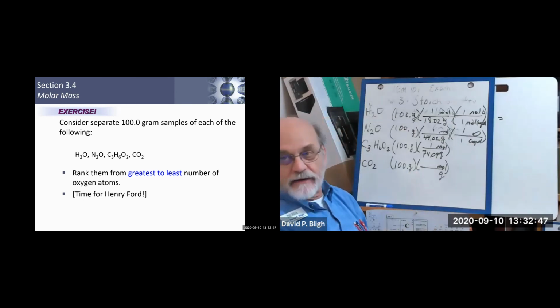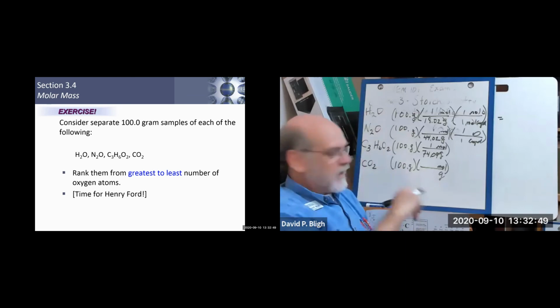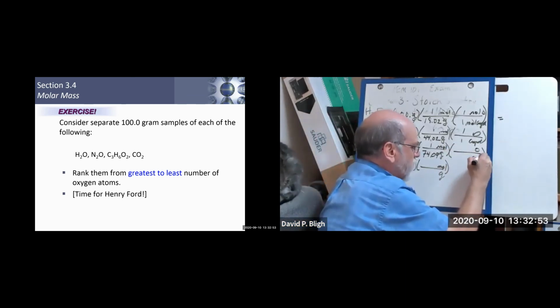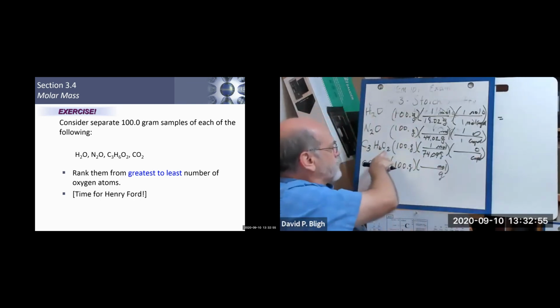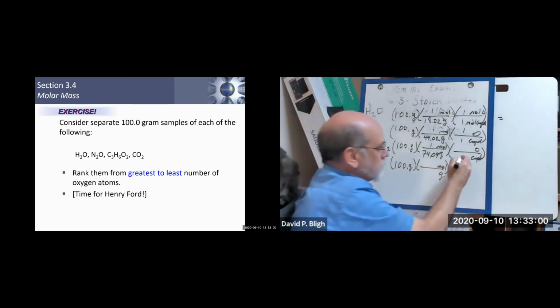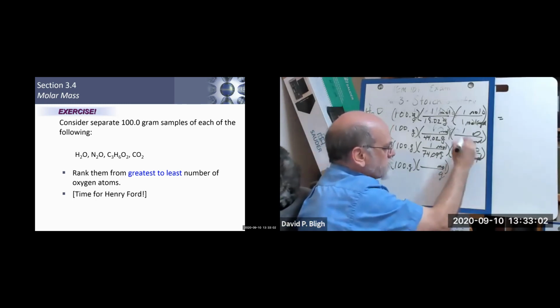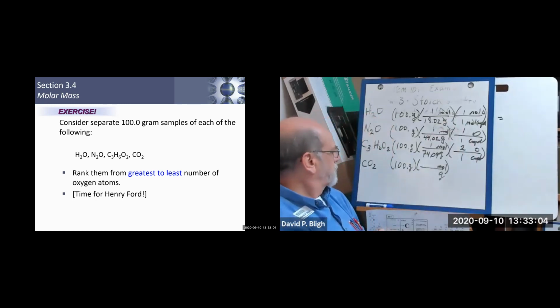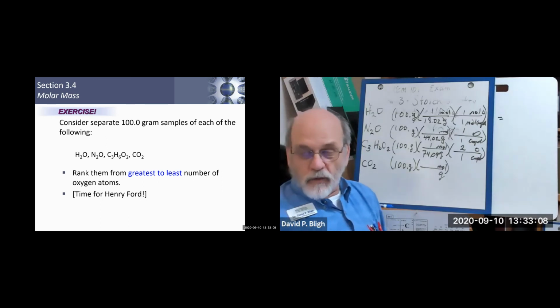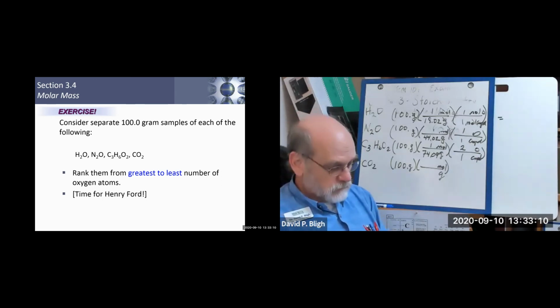Carbon dioxide. Oh, wait a minute. Oxygens per compound. In this one, we have 2 oxygens for every molecule. So for every one compound, we have 2 oxygens. Carbon dioxide, what's its molar mass? Well, carbon is 12.01.